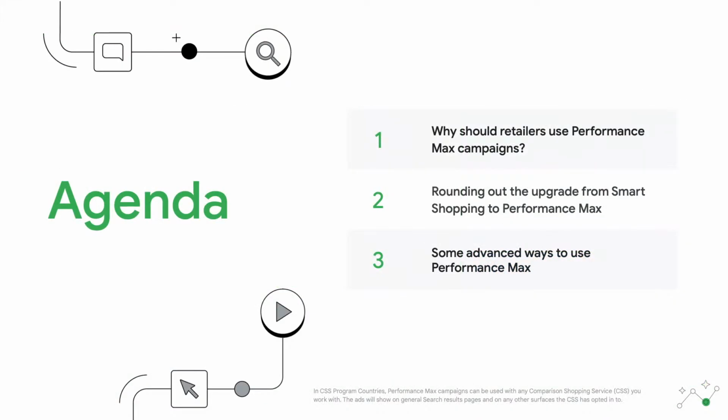So, for a look at the agenda for today's session. This session is what you may describe as a little bit more advanced. Performance Max has been used for a while now, and during that time we've seen and heard how the migration process has been going, the positives and some of the challenges.